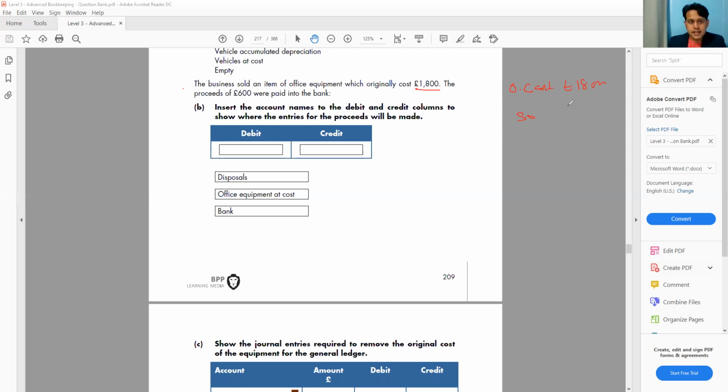Sold it for 600 pounds. So my purchase cost was 1,800 pounds, and I sold it for 600 pounds.